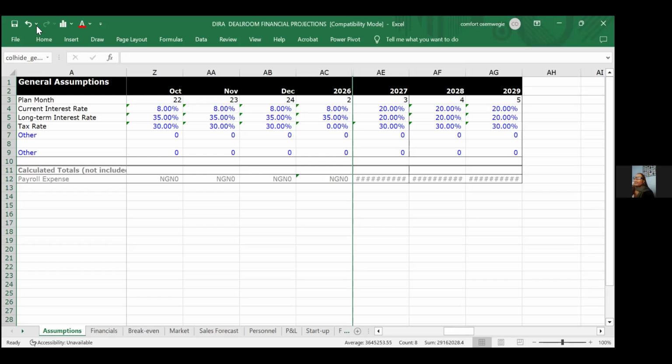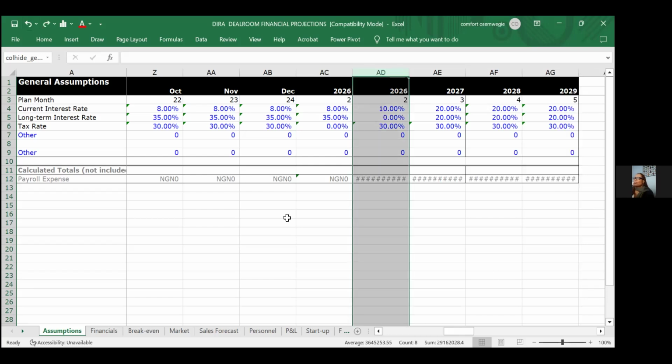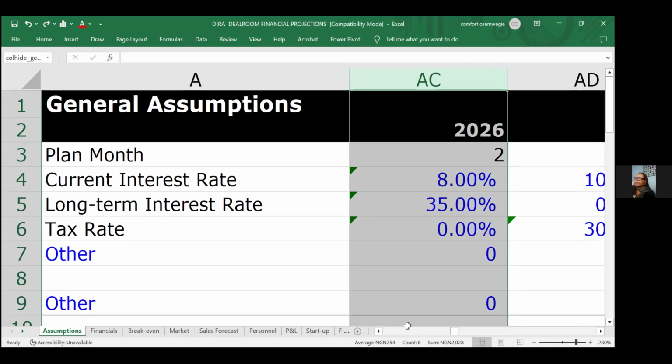But if we decide that we don't need the monthly input for 2026, we're going to hide.